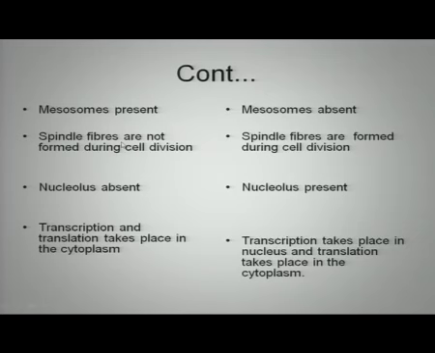Spindle fibers are not formed during cell division here, whereas in eukaryotic cells well developed spindle fibers are formed during cell division. Regarding the nucleolus, a small spherical structure seen inside the nucleus, it is totally absent in the prokaryotic cell, and in the eukaryotic cell a well developed nucleolus is present.